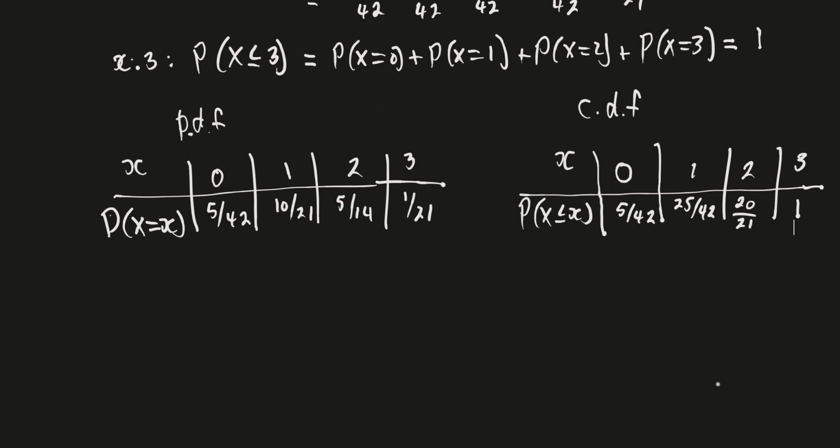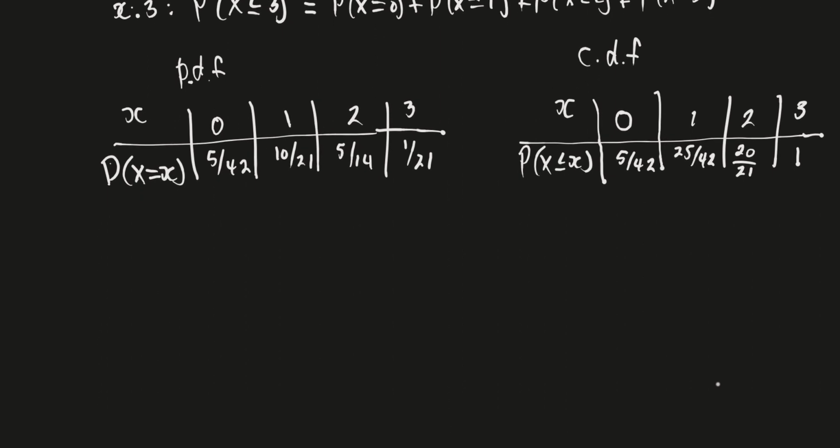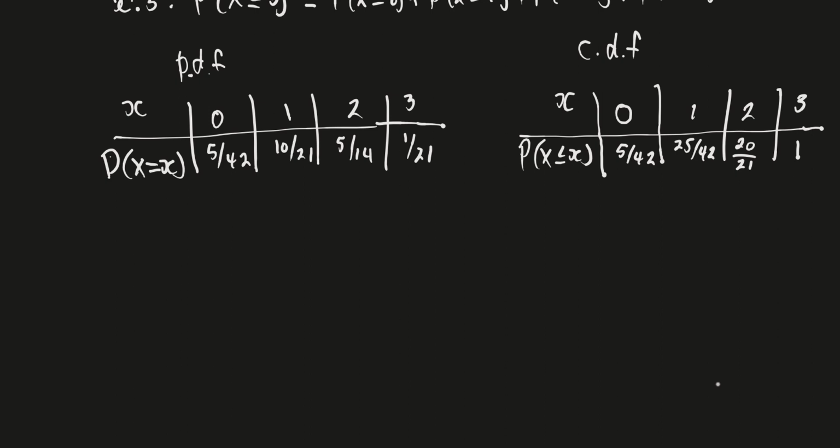And it turns out there are graphs that are associated with these two functions. The PDF essentially has two graphical representations. The CDF has one. So let's look at some graphs that are associated with the PDF. What if I wanted to put this information in a graphical way?